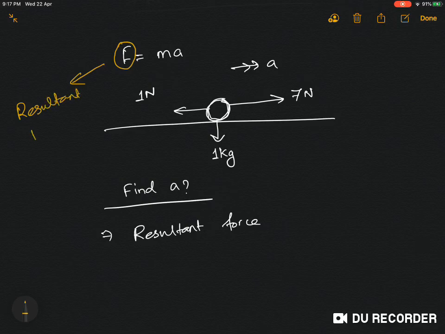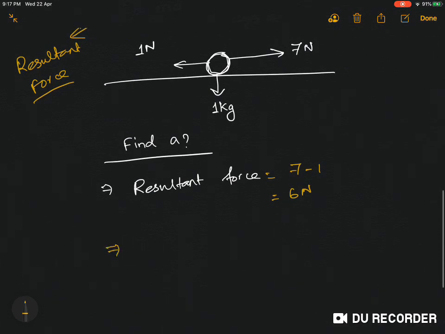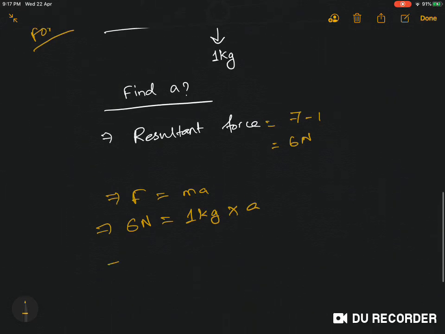So the resultant force here is 7 minus 1, which is 6 Newton. So in the equation F = ma, the F value is 6 Newton and the m value is 1 kg into a. I need to find the acceleration. So what is the acceleration here? 6 divided by 1, which is 6 meters per second squared.